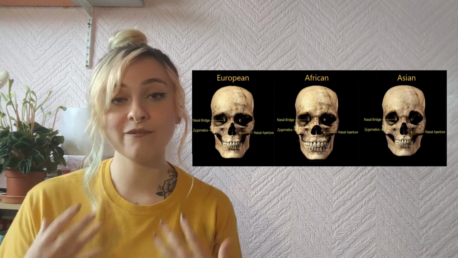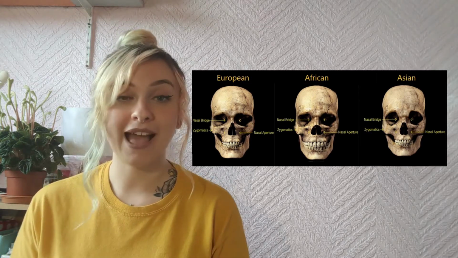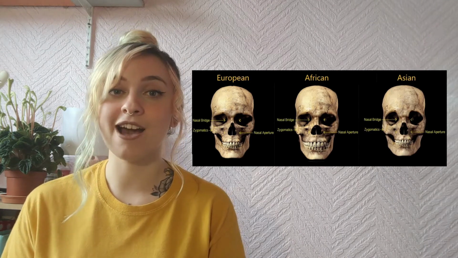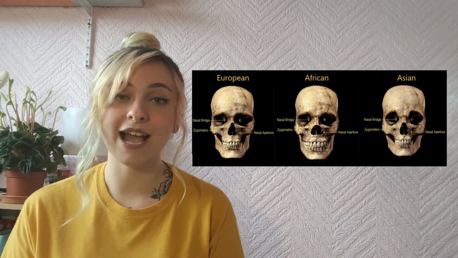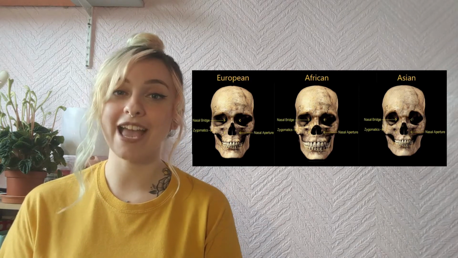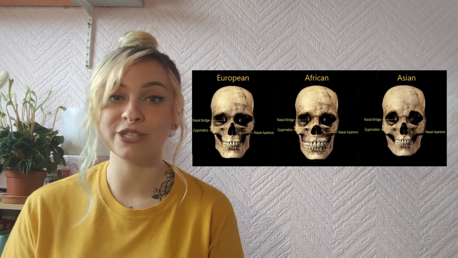They have a fairly flat facial profile and have more sharply angled nasal bones. Skulls of African ancestry have wider nasal cavities and a more prominent mouth region. And skulls of an Asian ancestry are more short and wide and have more prominent cheekbones. Of course, these are generalisations of a population, so of course there's some variation to this for individuals themselves.